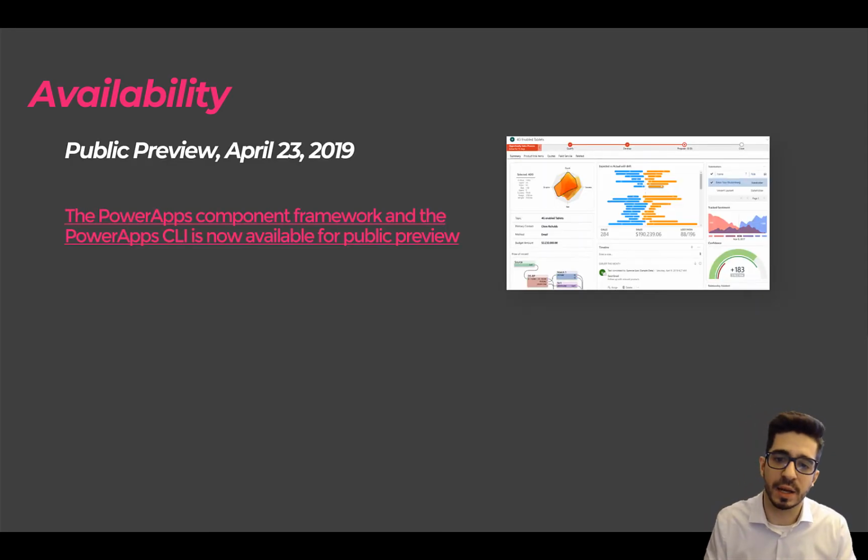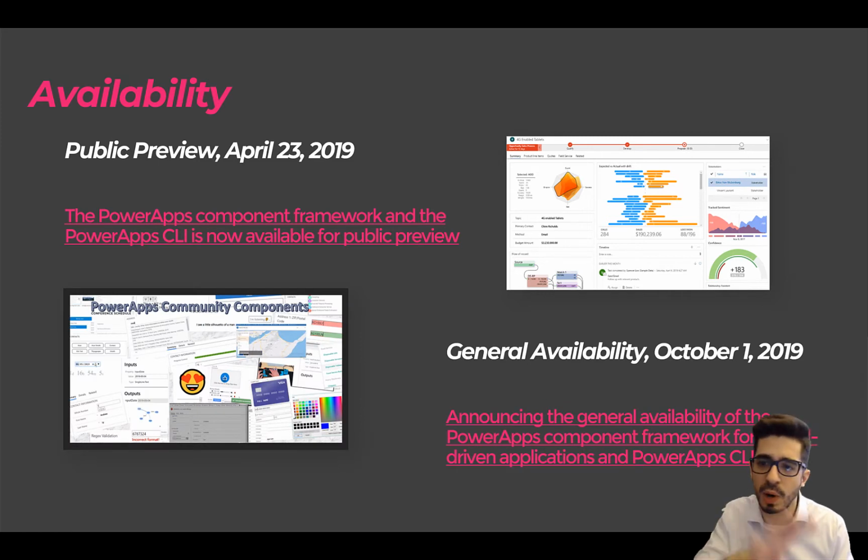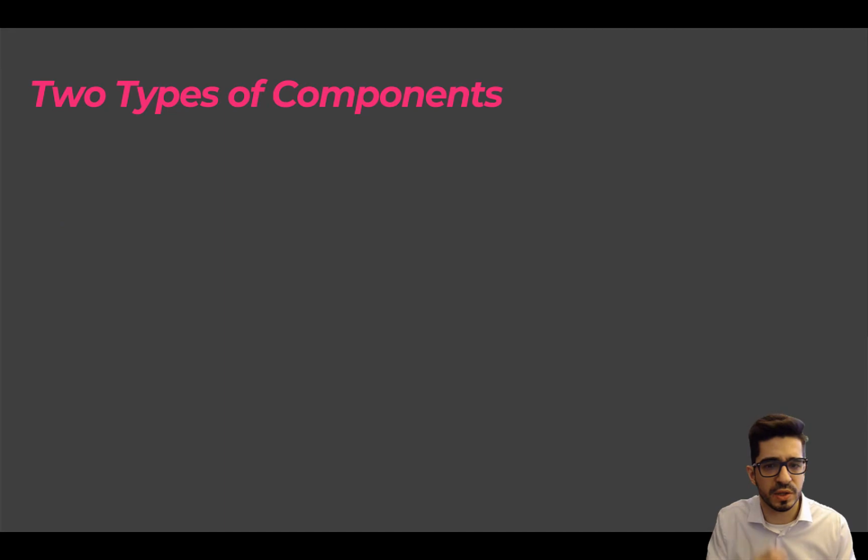What about the availability? For your information, this is a feature that has been released quite recently. We are talking about April 2019 for the public preview and October for the general availability. Here we are only talking about model-driven apps, but for canvas apps, it was public preview in November 2019 and general availability in 2020.